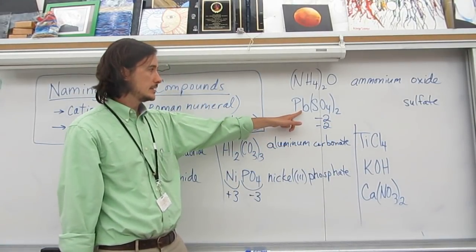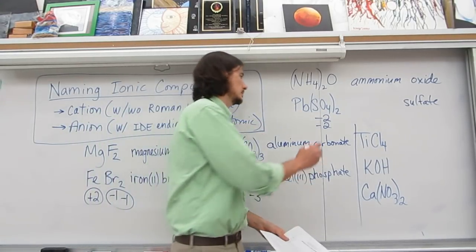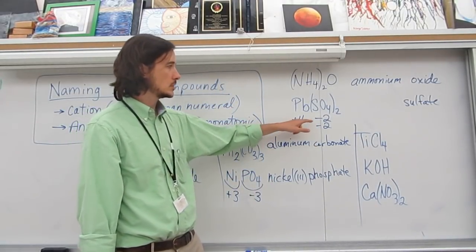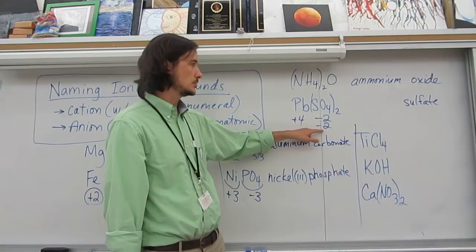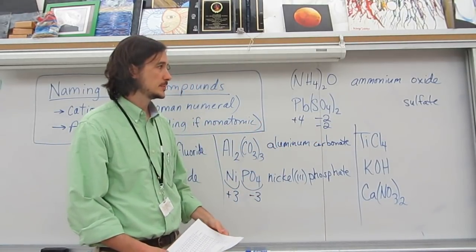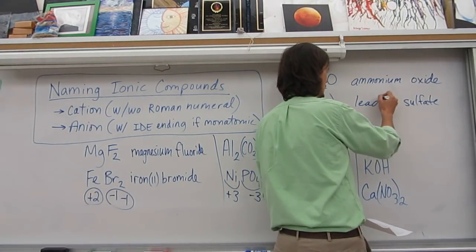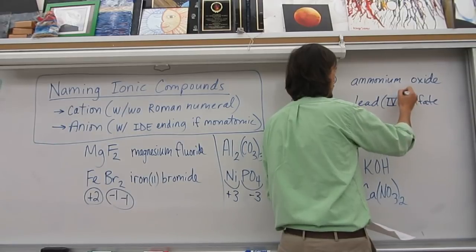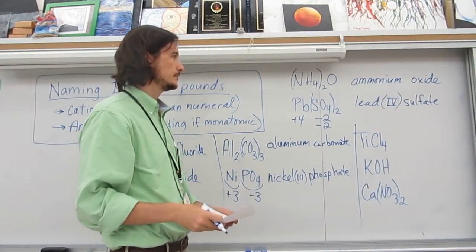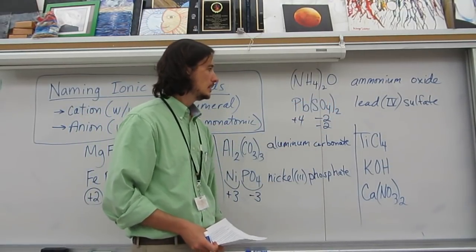And I have 1 lead ion to make this add up to 0. That's got to be +4. So 1 +4 combined with 2 -2's adds up to 0. So this compound must be called lead 4 sulfate. You might want to review Roman numerals, maybe write them in your notebook somewhere. That's IV, lead 4 sulfate.